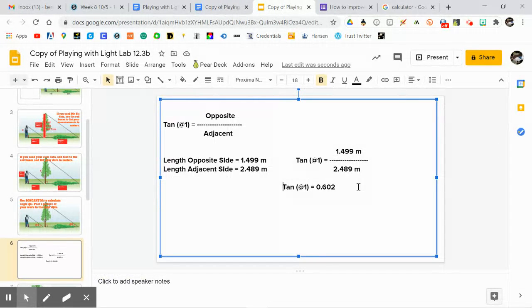I'm going to apply that to both sides of my equation, tangent to the power of -1 on one side and on the other side of the equation, like that.